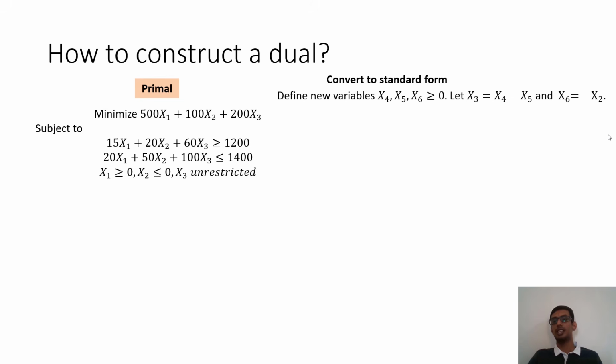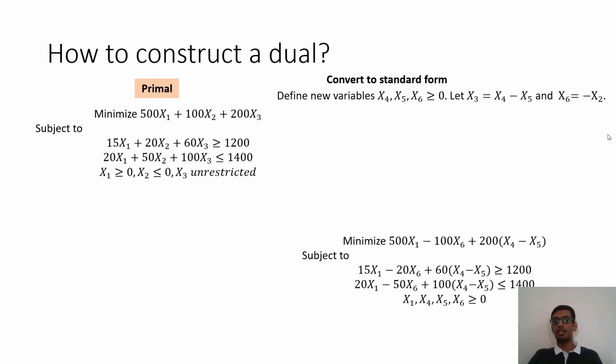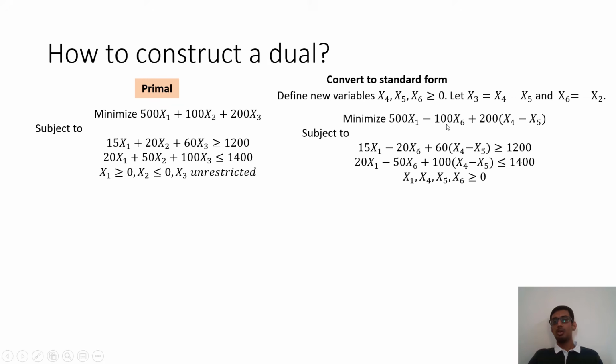So you have now defined three new variables. Now you need to substitute all these variables x4 minus x5 instead of x3 and x6 instead of minus x2, right? So x6 is minus x2. So what you have done here, 500x1 minus 100x6 because of the negative sign, and plus 200x4 minus x5.